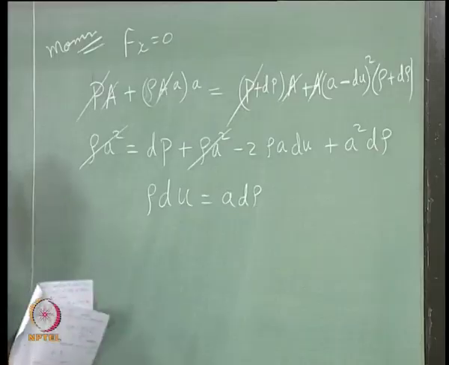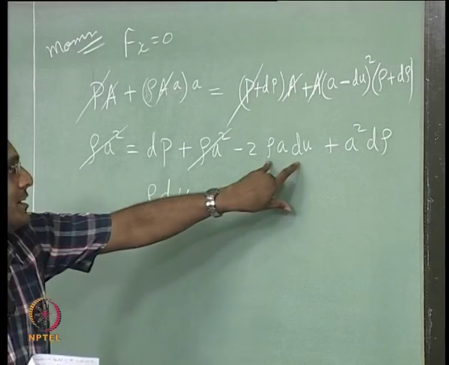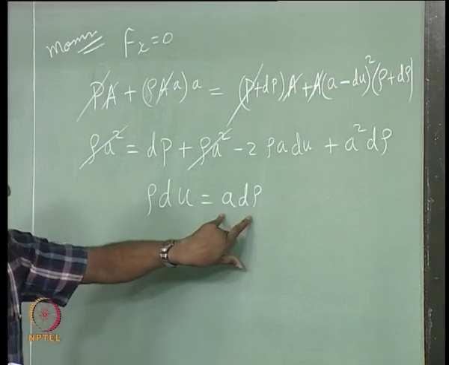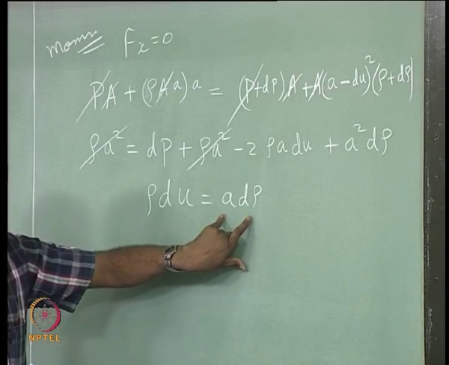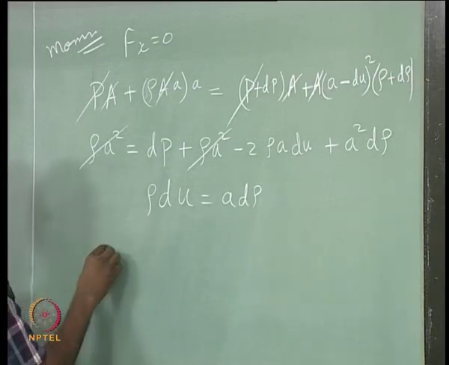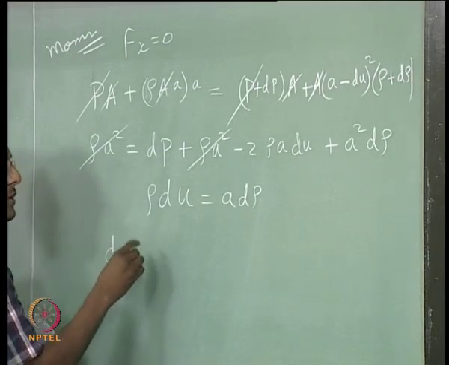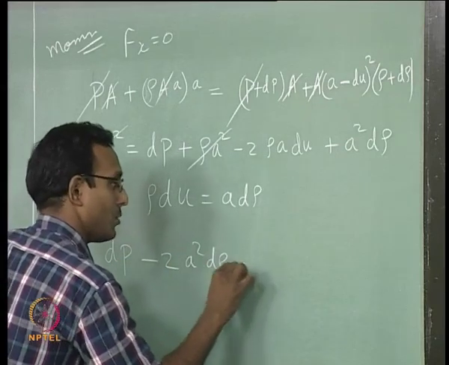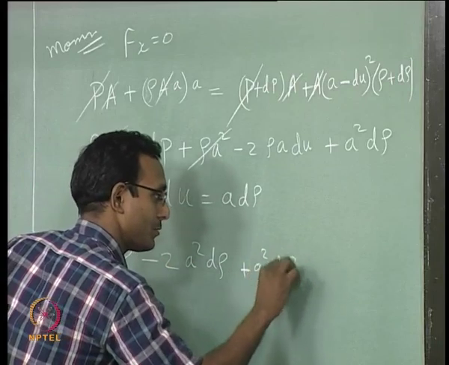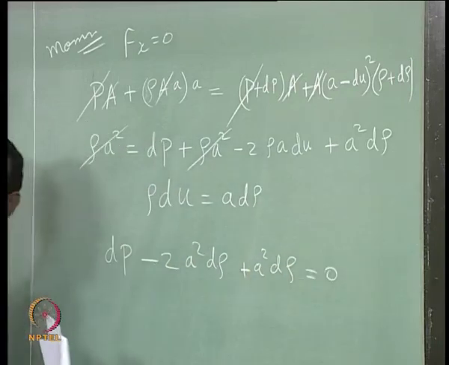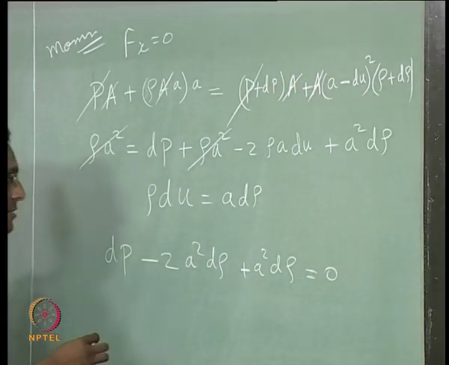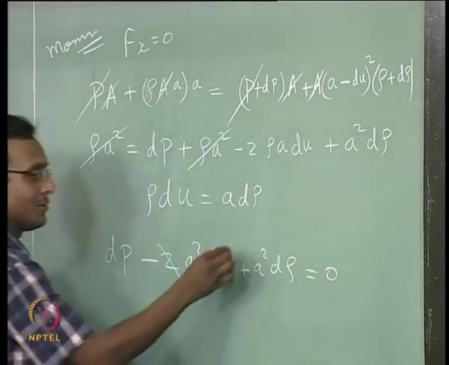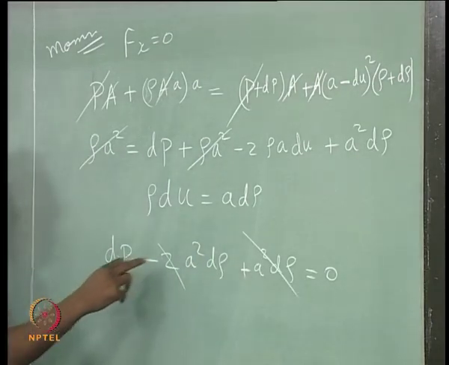So now I will just substitute rho du inside here with this, that will again become a square d rho. So I will finally have dp minus 2 a square d rho plus a square d rho equal to 0. That is what I have, which will just immediately simplify to dp equal to a square d rho.